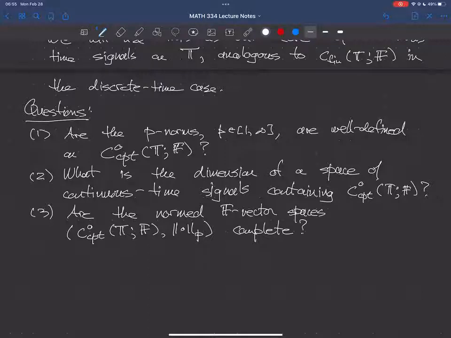So completeness, as we talked about last time, is an important property for a normed vector space to have.